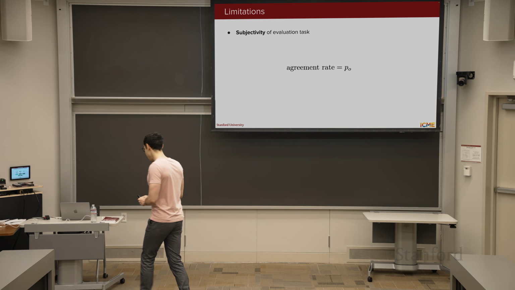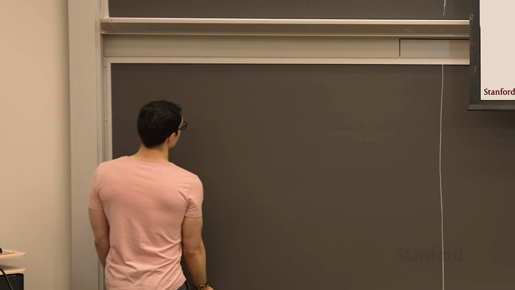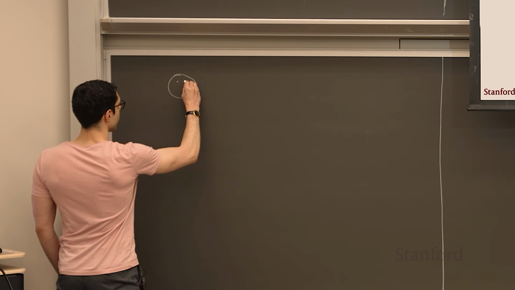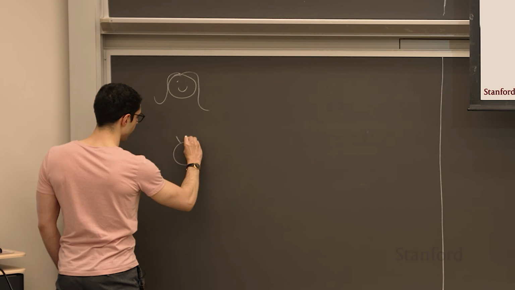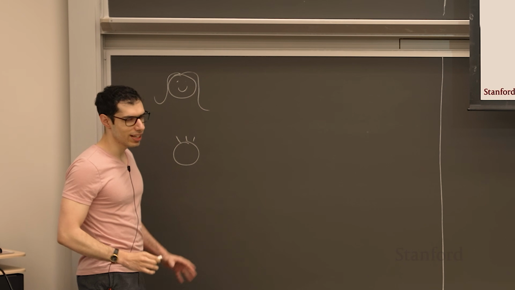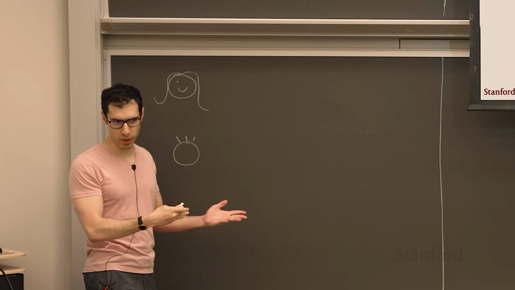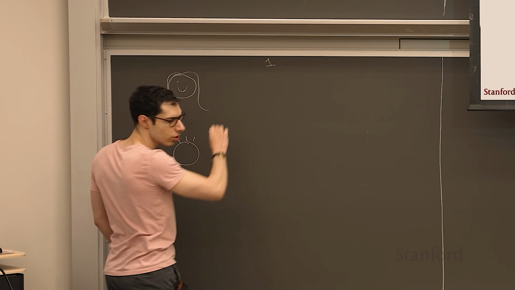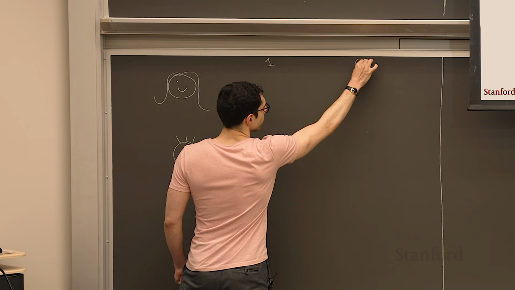Well, let's take the example of, let's say, 2 raters. Let's say Alice and let's say Bob. And let's suppose we have 2 different types of ratings that these raters can give. So either, let's say, yes, it's good, so 1, or the output is not good.